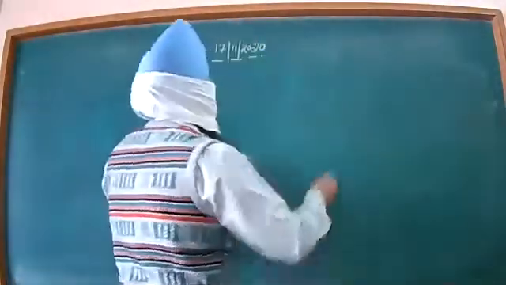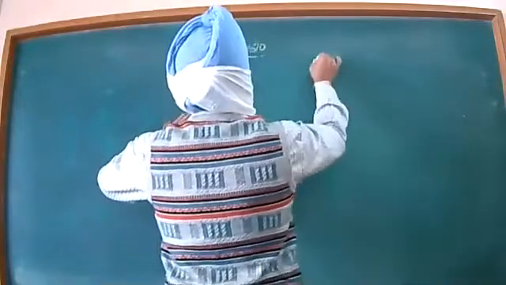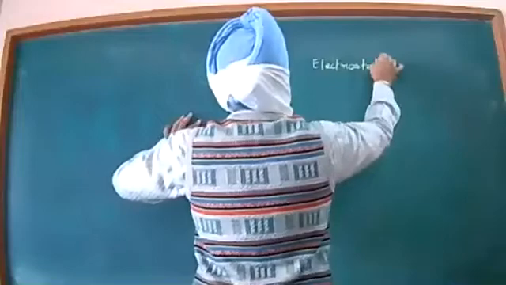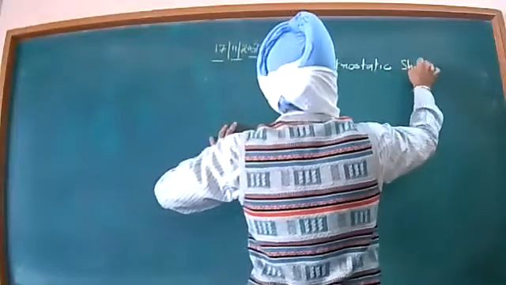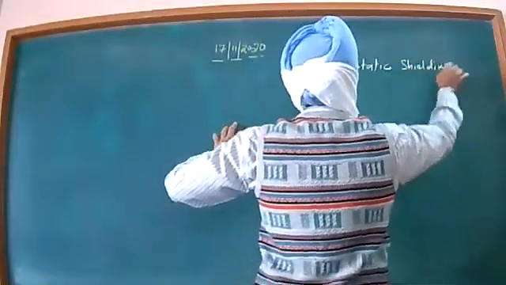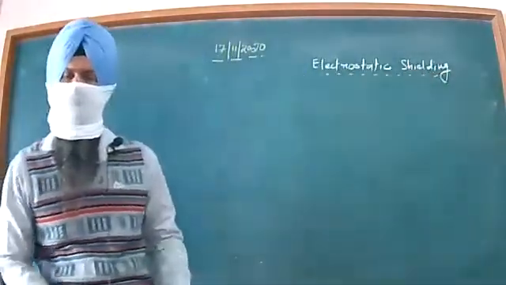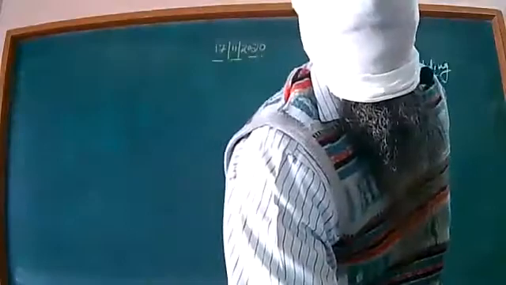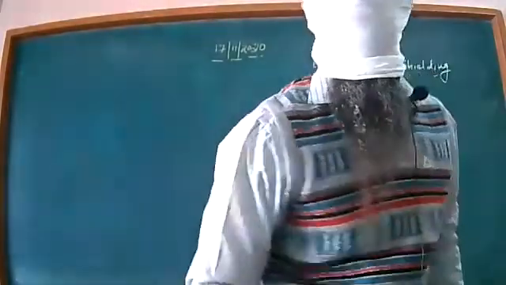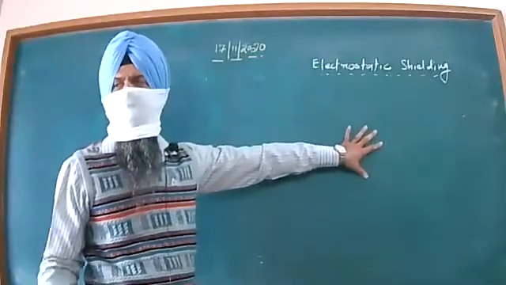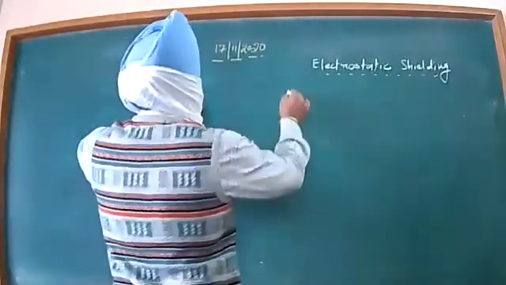So let us have the concept of electrostatic shielding. Electrostatic shielding, basically this is the case related to your discussion of a conductor placed in an electric field. Let us talk about that.